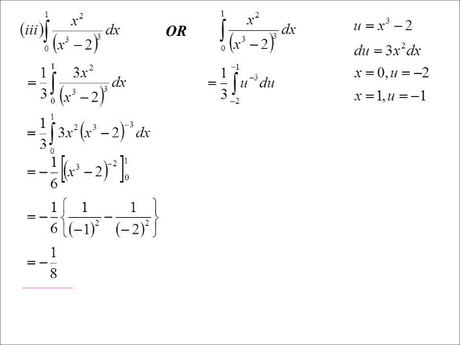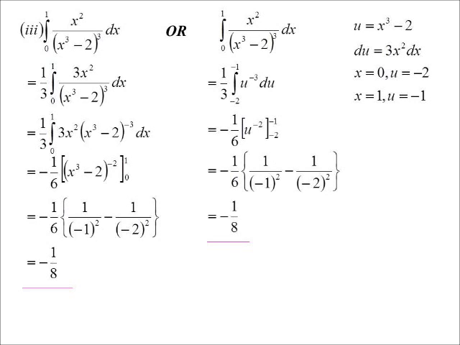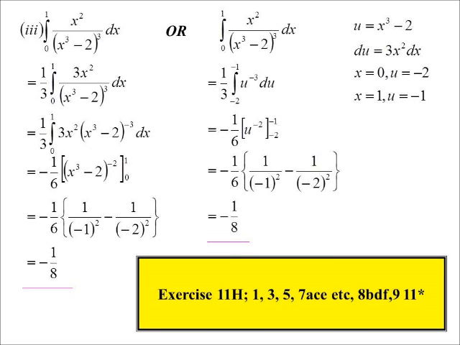Why is it 1/3? Because du was 3x squared dx, we only had 1x squared dx. Subbing in, and of course we get the same answer. As I say, substitution we'll certainly look at in a lot more detail later. Okay, there we go.